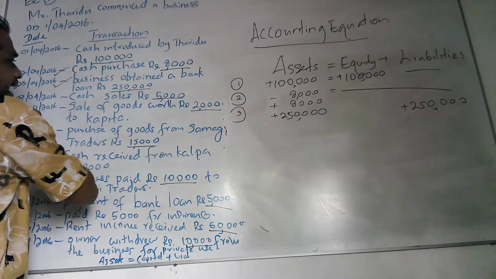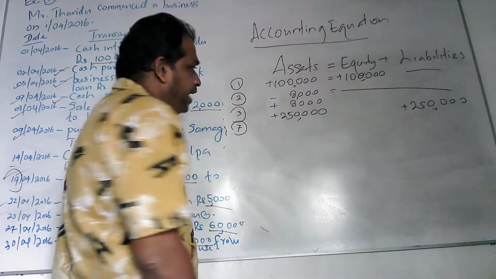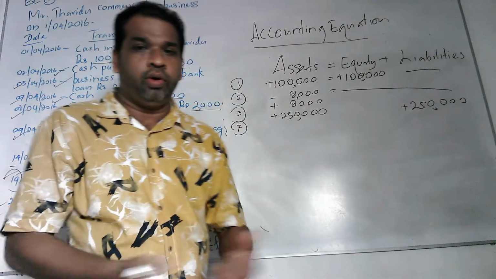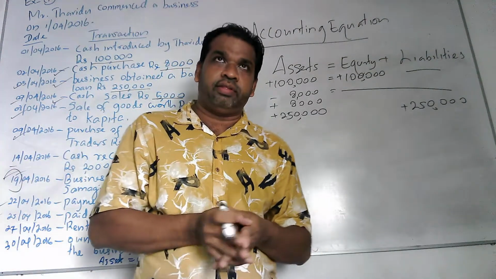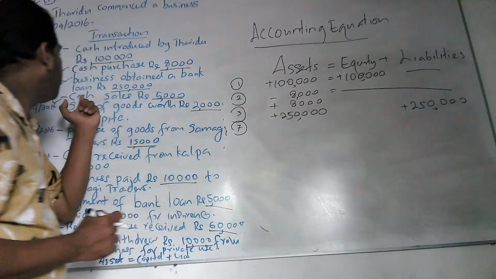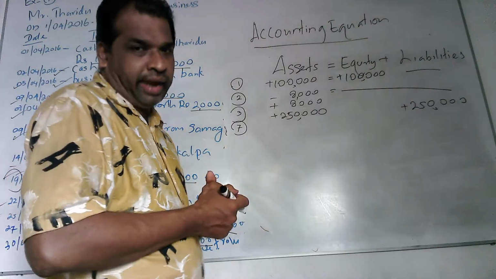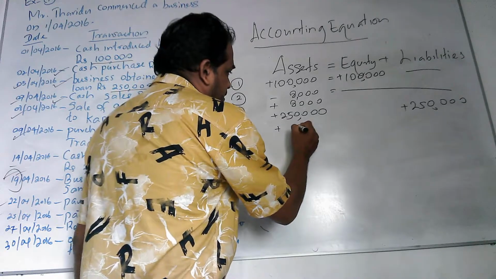Next one, 7th, cash sales 5,000. You know, here we are not given instruction whether they have sold with a profit margin. Therefore, we are just given sales. Then when you make cash sales of 5,000, we receive money from the customer. Then plus 5,000.